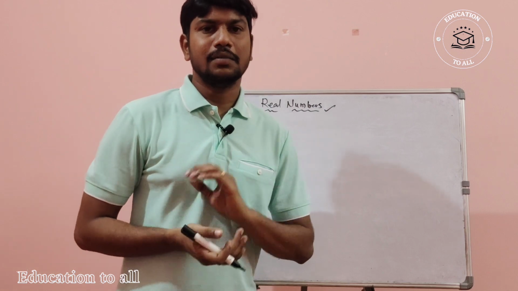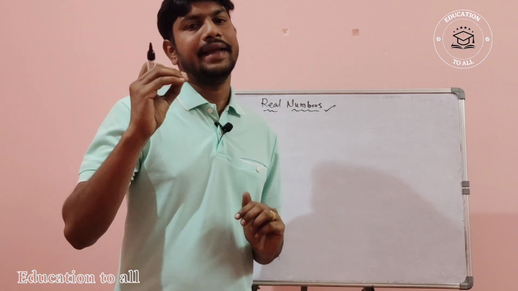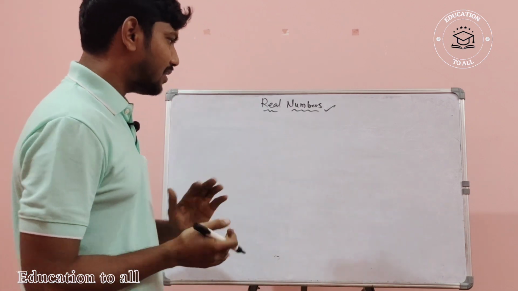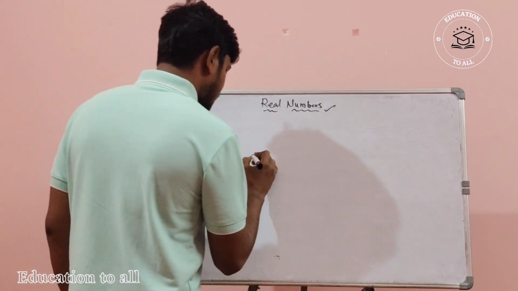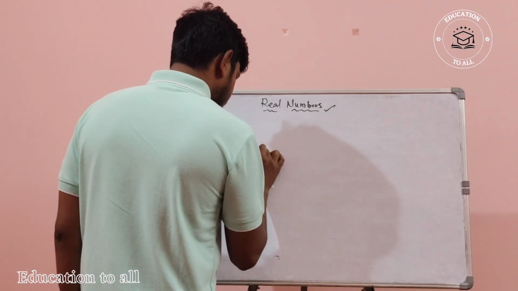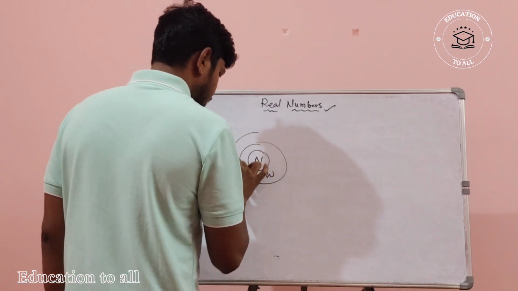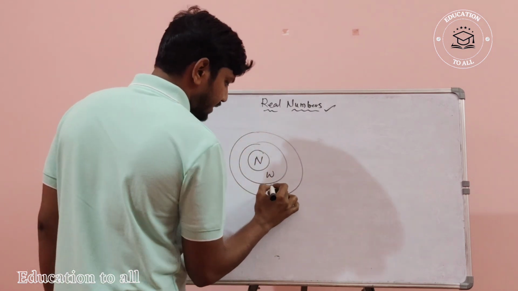So I'll show the relation between the natural numbers, whole numbers, integers, rational and irrational numbers all together. First natural numbers, next whole numbers, and then integers.